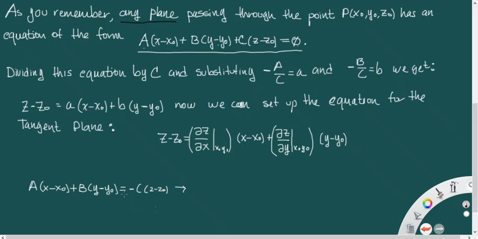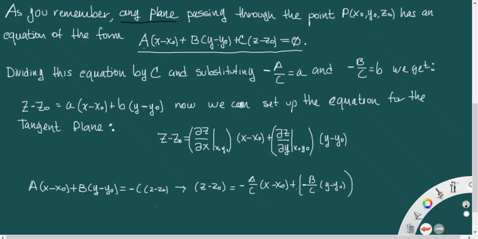If we change the signs and we move this to the left, we can have this z minus z sub 0 equals, we change the sign here, we divide by c, we can get rid of this c, and we will have something like this: minus a over c times x minus x sub 0 plus minus b over c times y minus y sub 0.